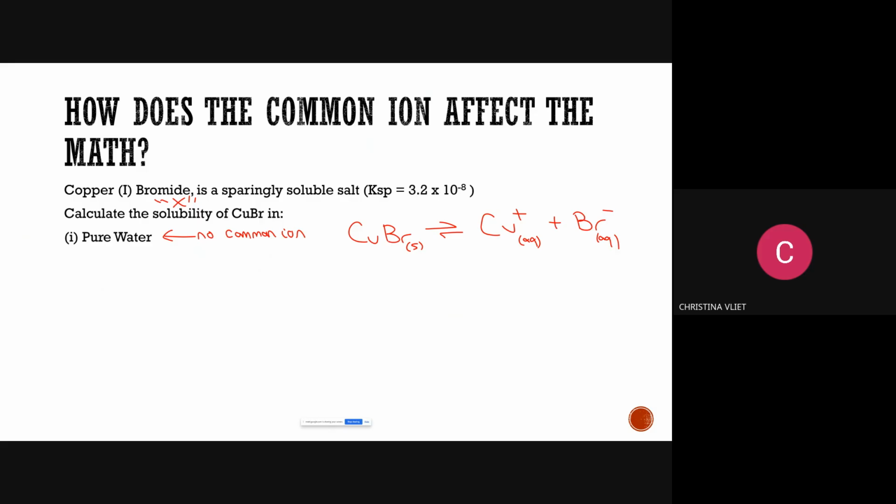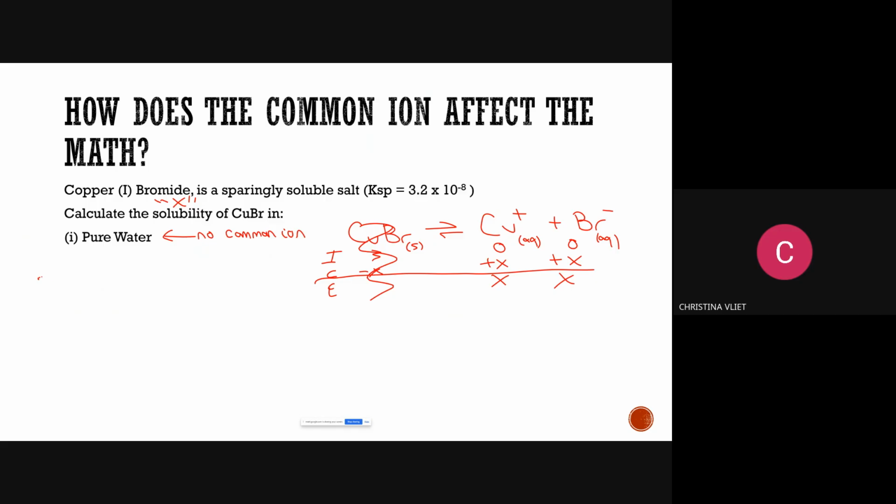We get ICE. This doesn't matter, but we know the change is minus X, how much it dissolves. 0, 0, plus X, plus X. So you end up with nothing, X and X.